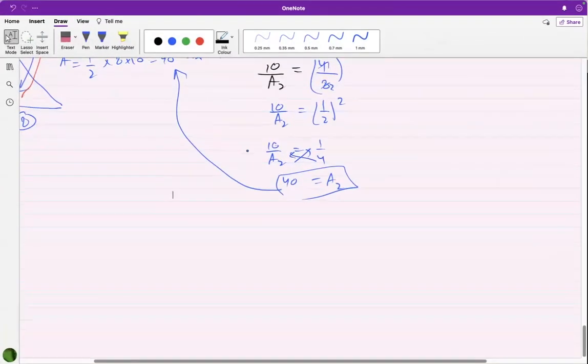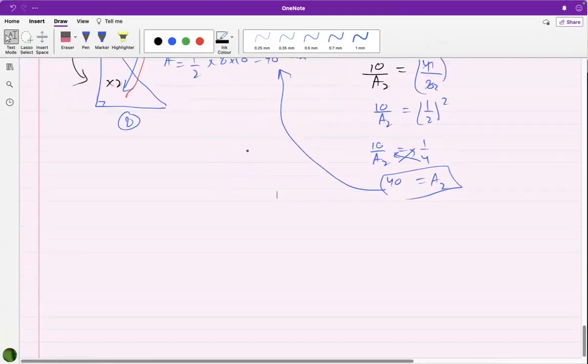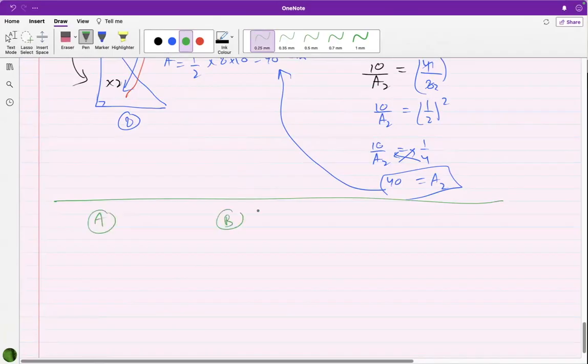Now assume, how many playgrounds do you have at school? 3 playgrounds: A, B, C. Just let it be in order, starting with the smallest one. If I say the smallest one is 1 unit, what are the second and third one compared to this?